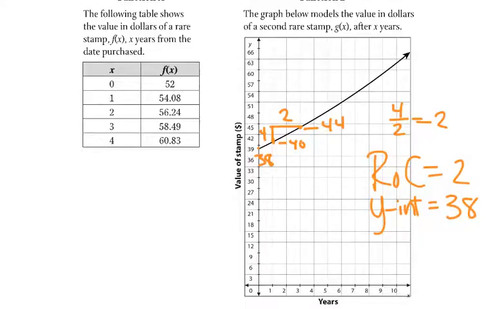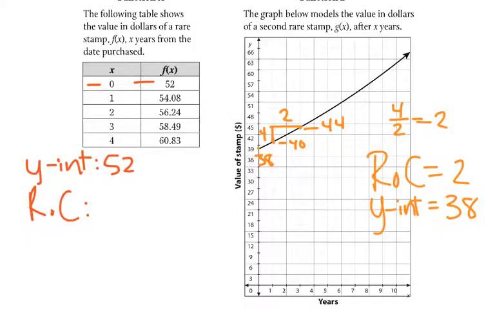Okay, so let's compare that to the other one. So y-intercept of 52. So it starts with more money. It's worth more money to begin with. But let's see that rate of change. Okay, from 1 to 3. So that's plus 2. This is plus 58.49 minus 54.08, 4.41.